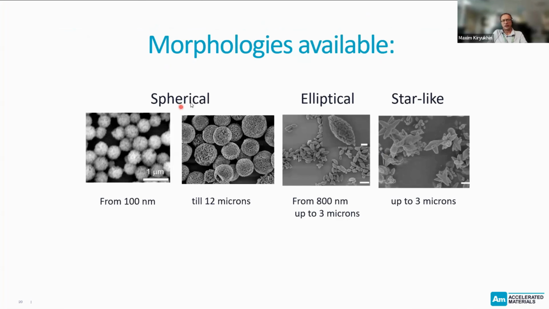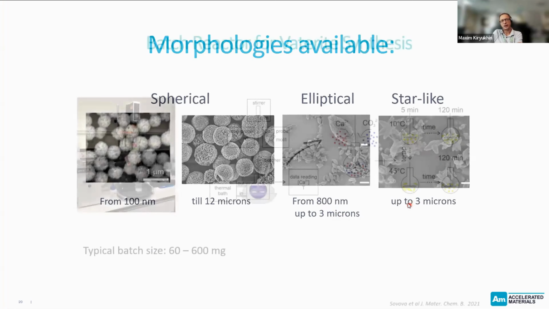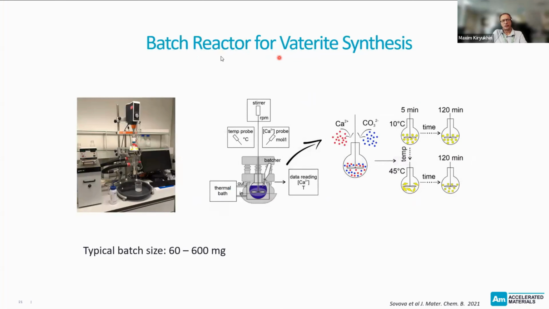In general, there are methods developed that allow fabrication of spherical particles as small as 100 nanometers all the way to 12 microns, elliptical particles with the size ranging from 800 nanometers to 3 microns, and star-like particles up to 3 microns in size. A few reactors were specifically developed for this kind of synthesis.